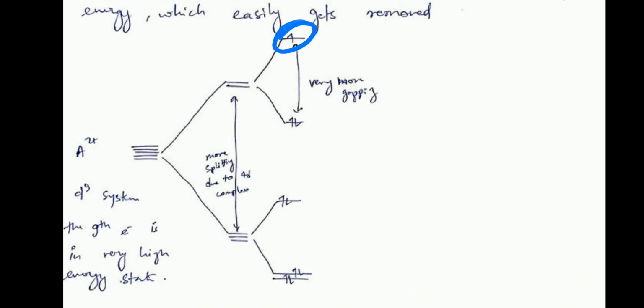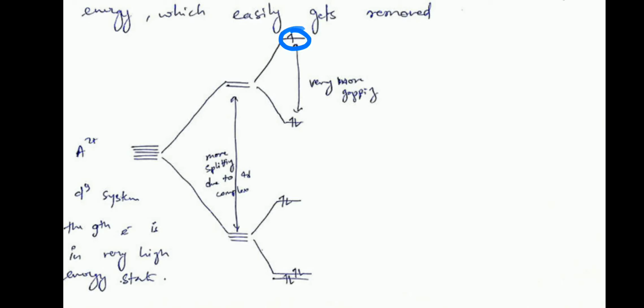Since it is a 5d element, there will be more splitting, so this orbital will be so far from the nucleus that taking an electron out from here is very easy.